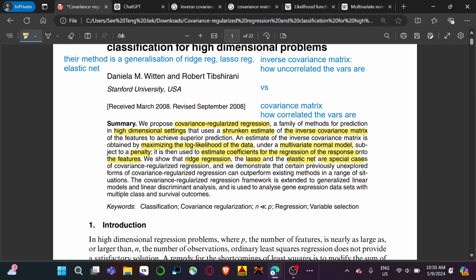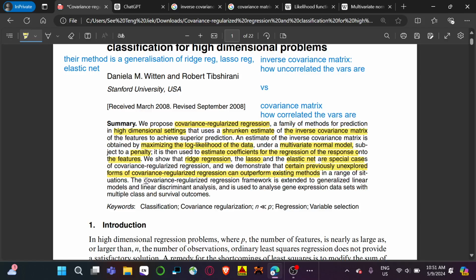Although this method is a generalization of the existing approaches, since it's a generalization, they can basically invent new subclasses of regression approaches. When they do that, they found out that certain unexplored forms of the regression outperform the ridge, the lasso, and the elastic net regression in a set of conditions.